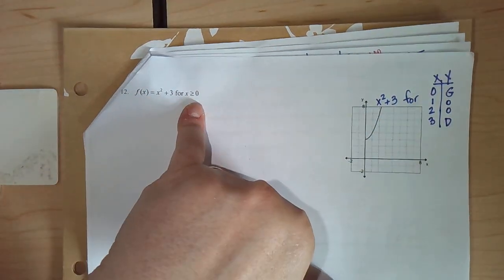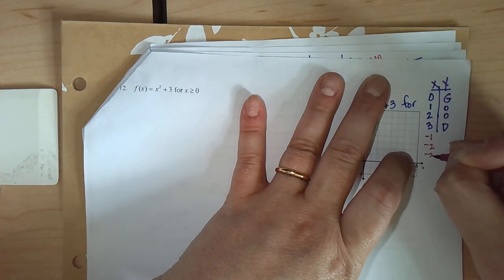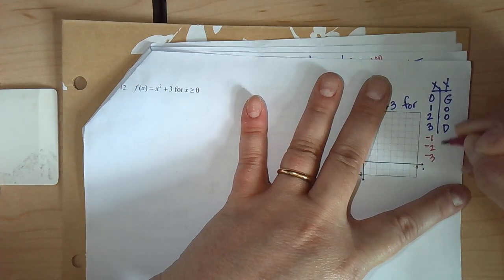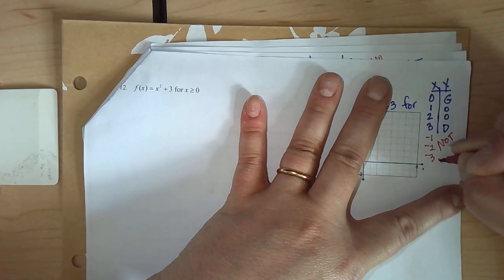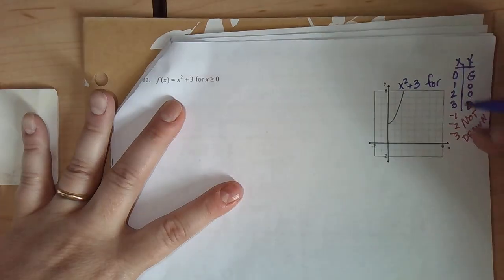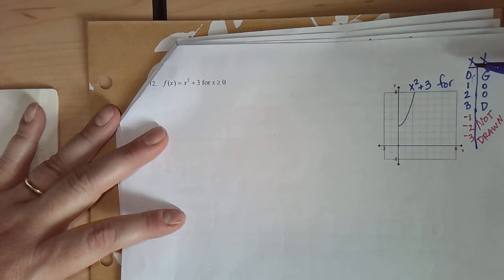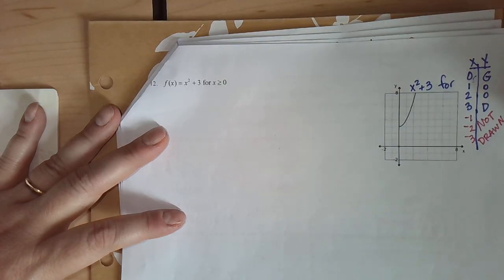Anything that's lower than 0, like say negative 1, negative 2, negative 3, it's not drawn. So that's what that alligator means. It just means use the right-hand part of the picture, the part that just has x values of 0 through 3, or 0 and on.